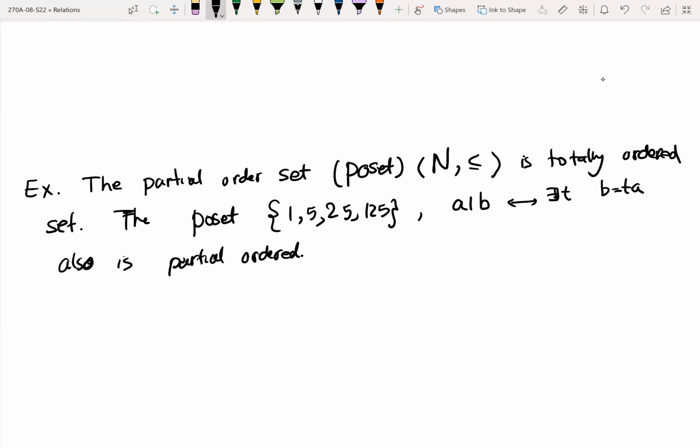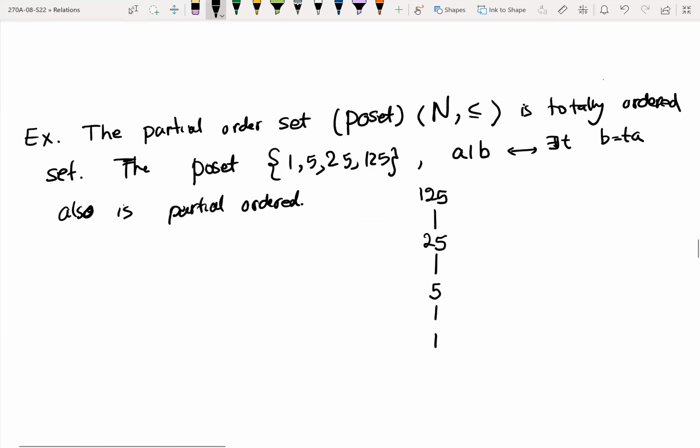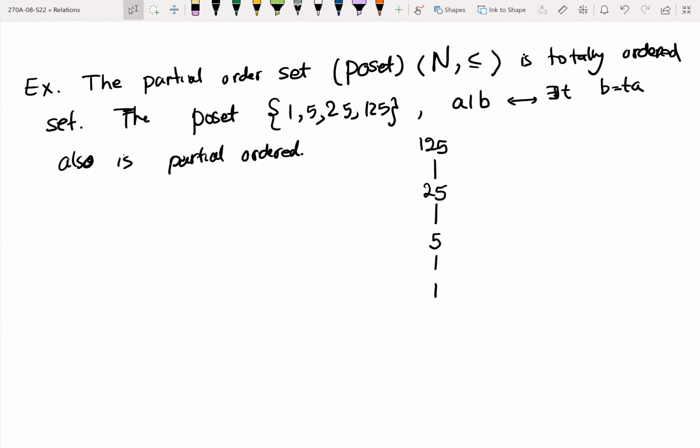So then what happens for the chain? 125 divides 25, 25 divides 5, and that's how it is. Okay. Sorry, it's backward. 1 divides 5, 5 divides 25, and 25 divides 125. Thank you.